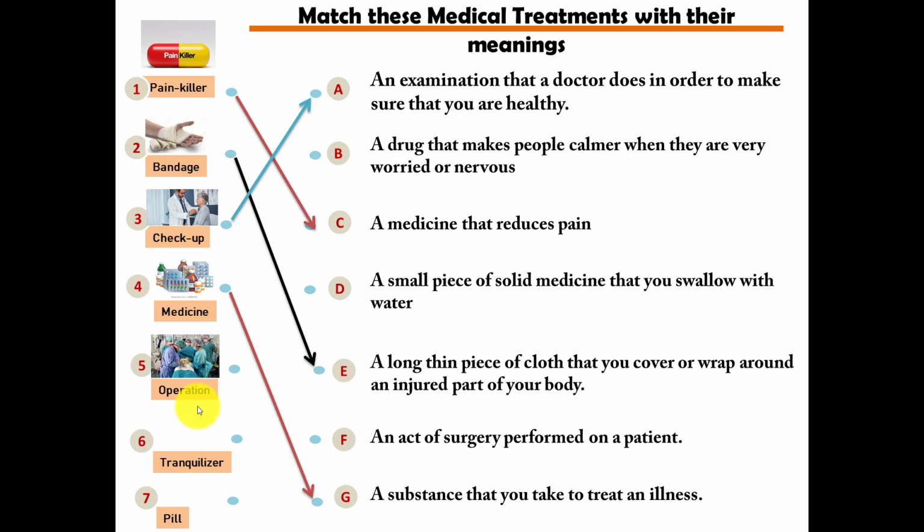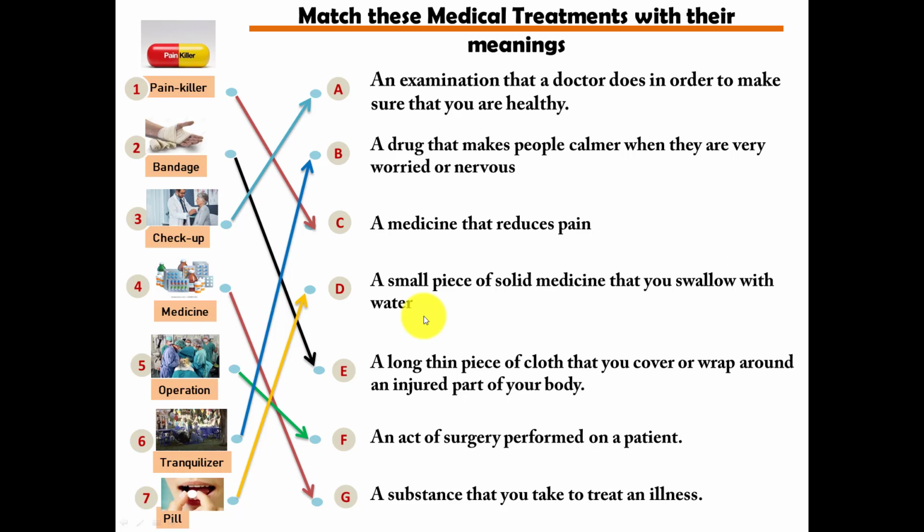Good. Operation is, well done, an act of surgery performed on a patient. Number 6. Tranquilizer. Great. A drug that makes people calmer when they are very worried or nervous. Last one? Yes, it's a small piece of solid medicine that you swallow with water. Well done. So hope you find part 1 easy.